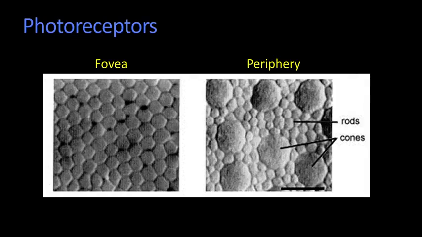If you peeled the retina out and stuck it under an electron micrograph, you'd see that as you moved along the eye, it was not the same everywhere. In the middle, the area referred to as the fovea, about 1.5 degrees, you see this magnificent hexagonal packing of photoreceptors.